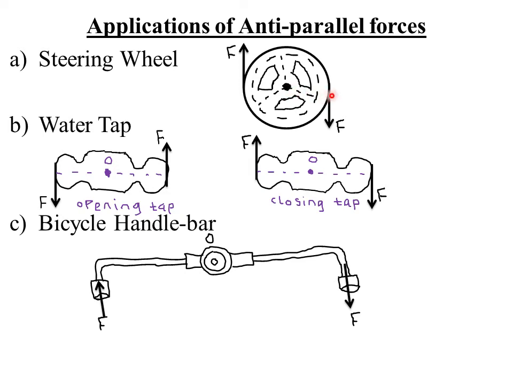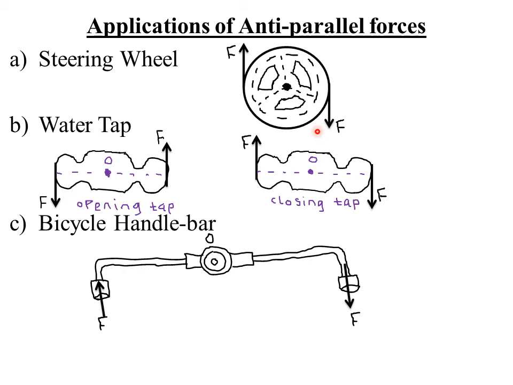Like in this case, when F1 is pulled downwards, when your hand holding this steering wheel of a vehicle is pulled down, the other hand pushes this one upwards, such that the wheel, because this is the turning point, rotates in this direction, which is the clockwise direction.